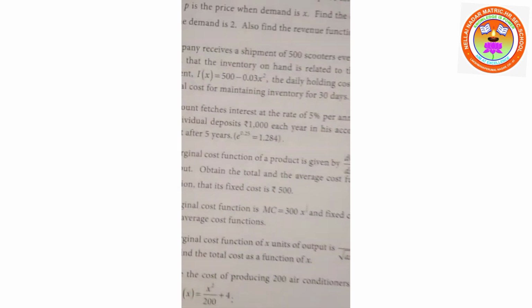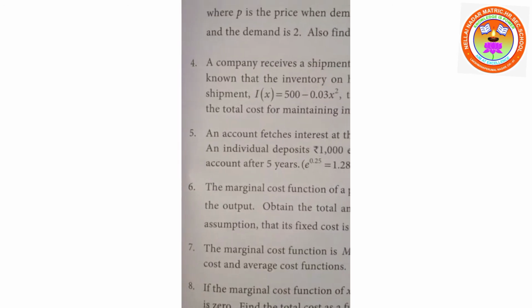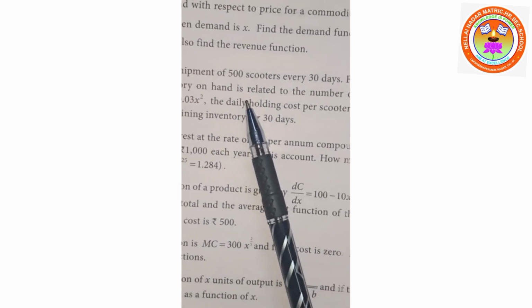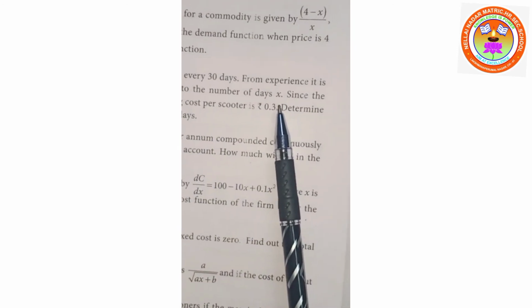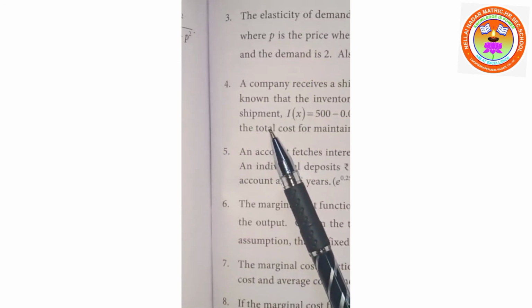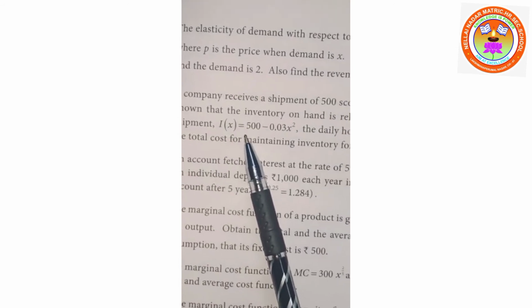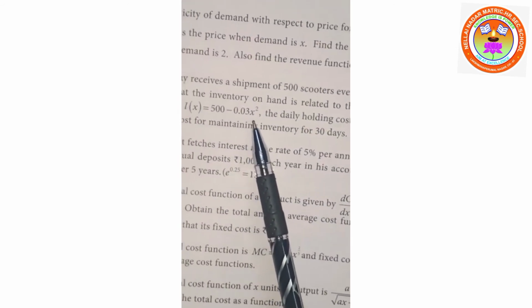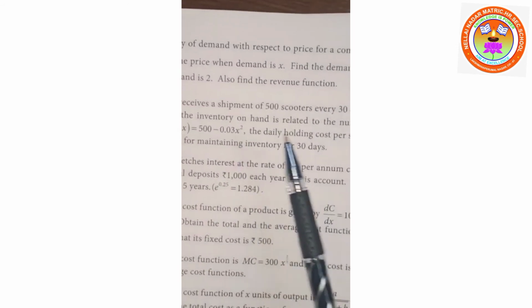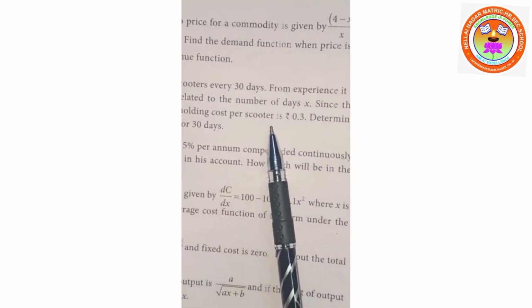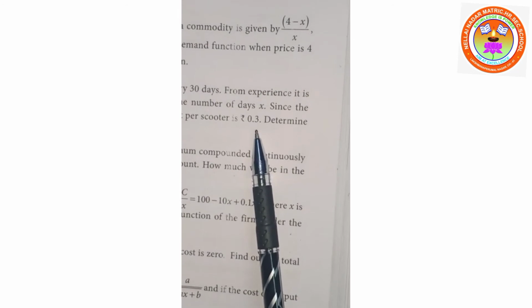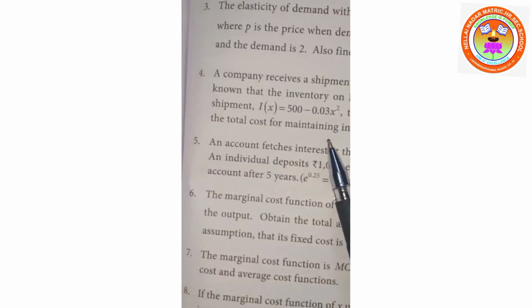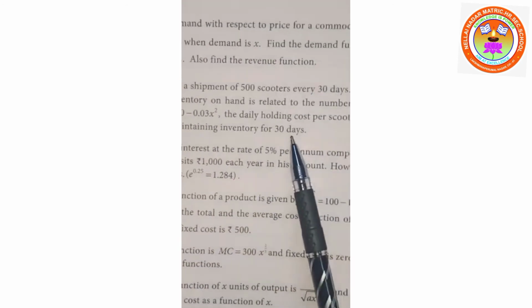From experience, it is known that the inventory on hand is related to the number of days, x. Since the shipment, I of x equals 500 minus 0.03 x squared, the daily holding cost per scooter is rupees 0.3. Determine the total cost of maintaining inventory for 30 days.